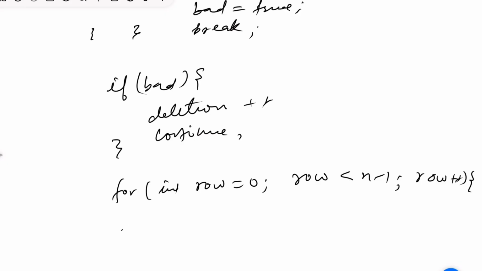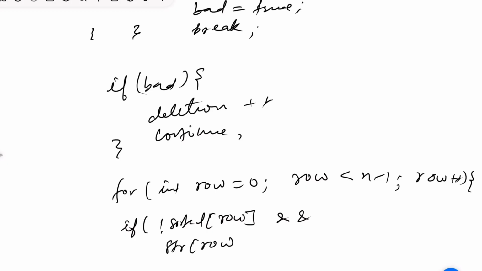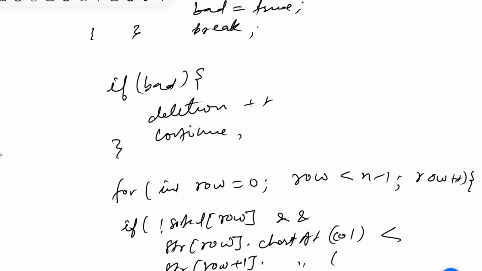Very first you will check if not sorted at row, str at row char at the column, and you will check if str at row plus 1 dot char at the column.